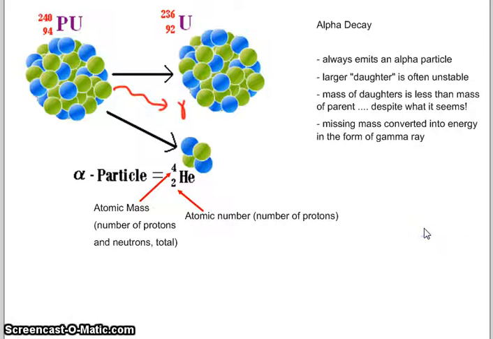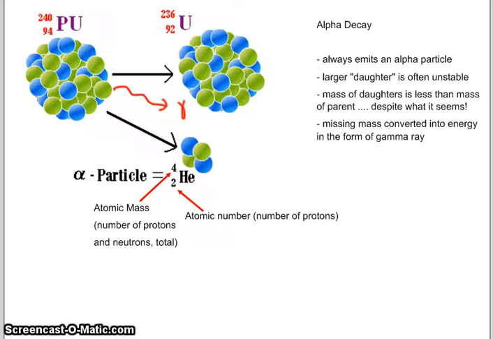It's a little bit odd, and I won't get into that right now. It would make this a half-hour discussion, but it's some missing mass, and that missing mass goes into the form of the gamma ray, which is the energy that is the result of the missing mass multiplied by c squared.